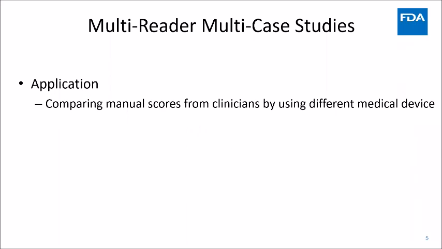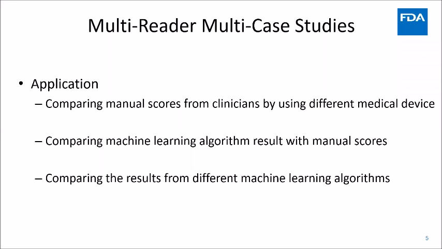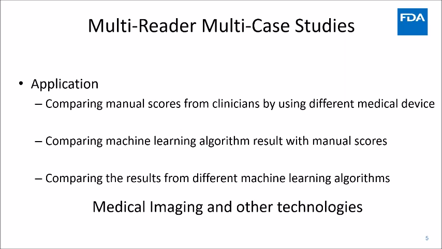This kind of study can be applied to more than comparing medical scores from clinicians; it can also compare machine learning algorithm results with the medical scores, or compare results from different machine learning algorithms. It can also be applied to other areas that have a specific classification task, such as fraud detection or bag screening.